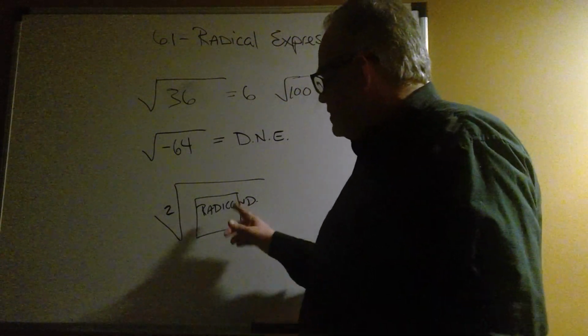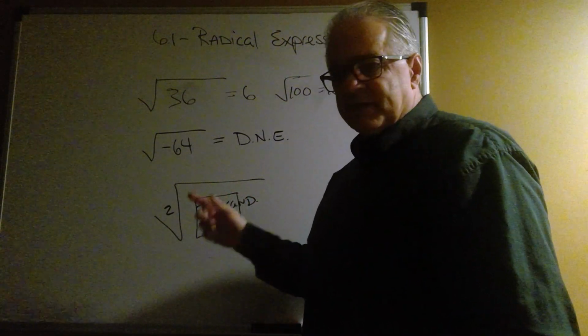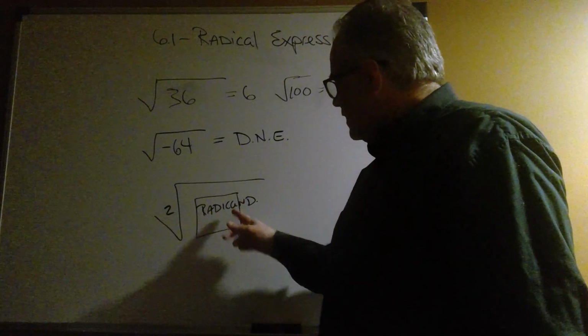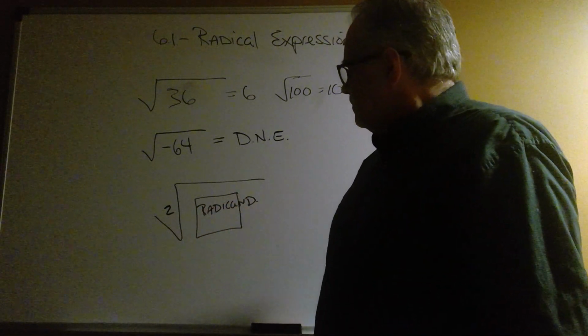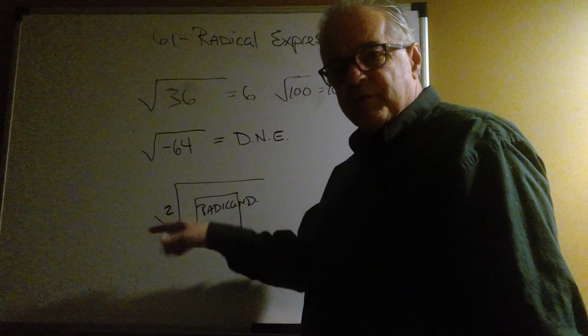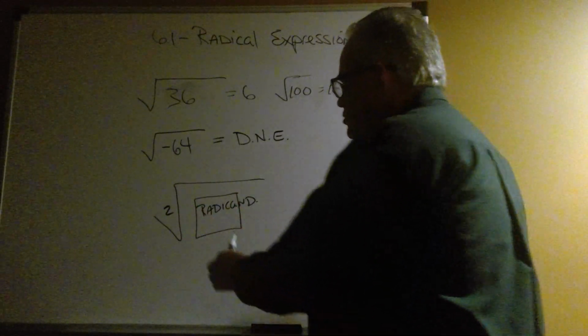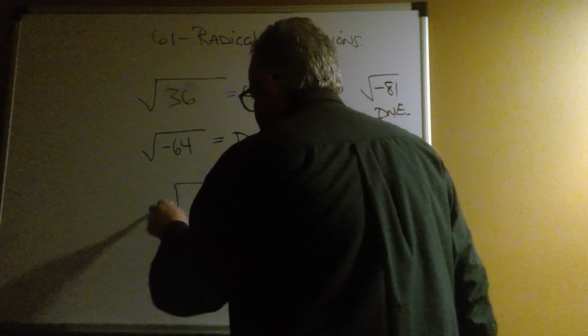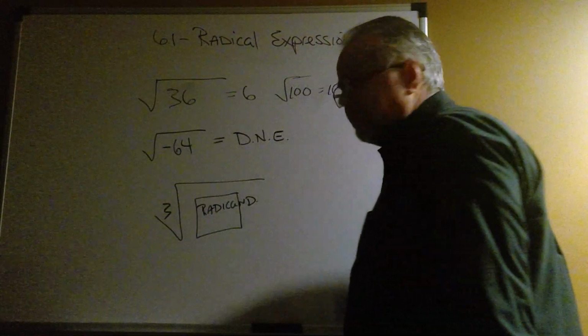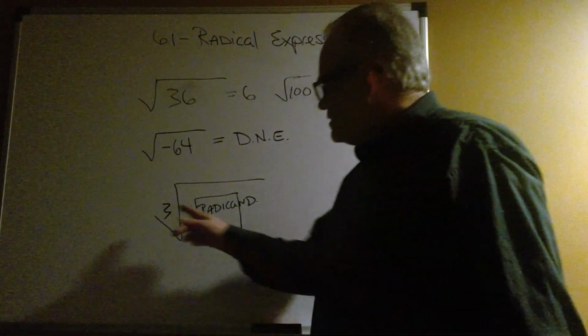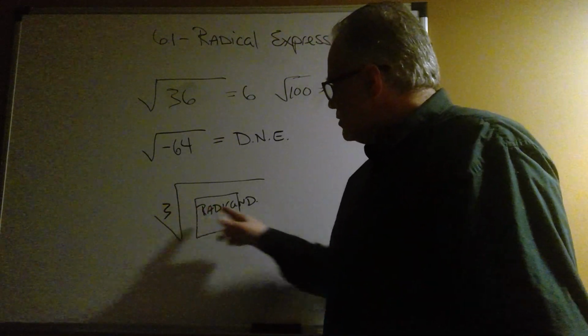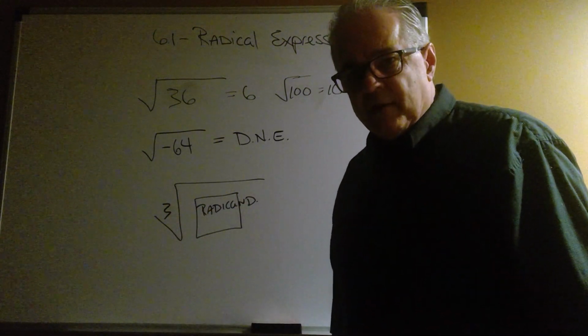It's asking, what is the square root, or the second root, of a number. It's not written for square roots because we use it more often than any other roots. So I could change this to maybe a 3 or a 4 or a 5. Then this is saying, what is the third root of whatever number is in there?